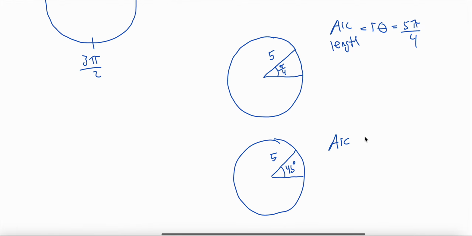And if we want to find the arc length of this, that's going to equal r times theta in degrees times, well, we need to convert from degrees to radians, so we're going to need the conversion factor of pi over 180. And that is how we'd find the arc length of this. So we can already see here that working with radians makes our calculations a bit easier. We don't require any kind of conversion factor because the radians has a true geometric meaning as opposed to the degrees just being arbitrary.